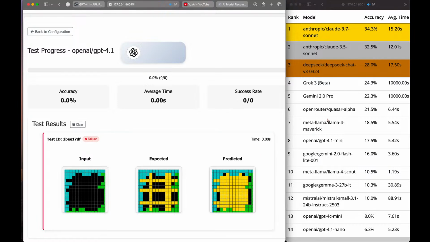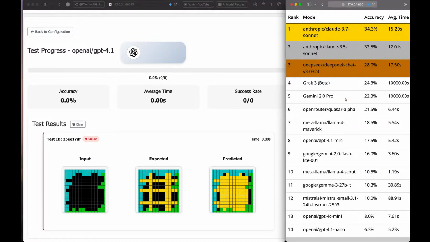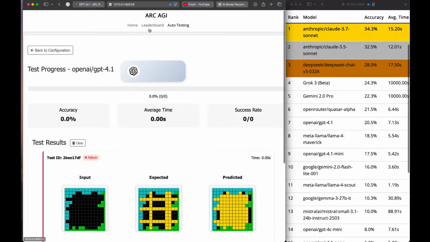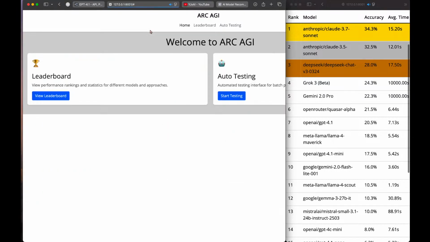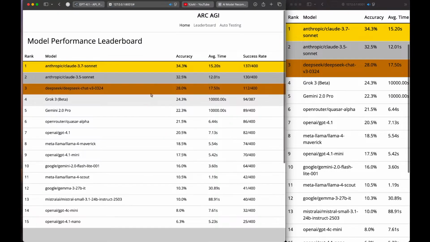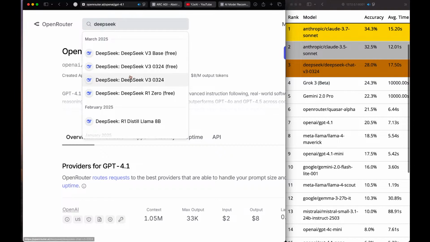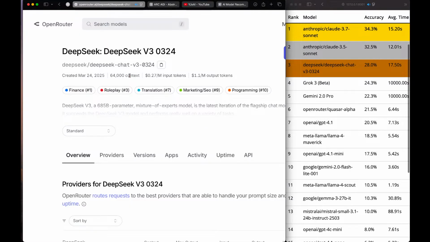Yeah, even I didn't expect that. It's on the 7th rank. Let me look at DeepSeek's pricing. Guys, look at the pricing, guys.